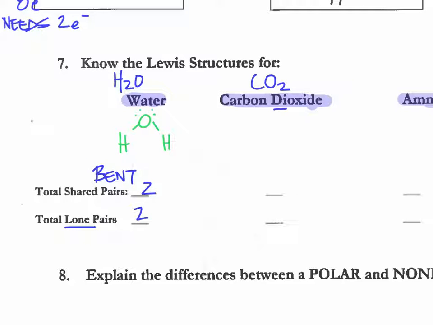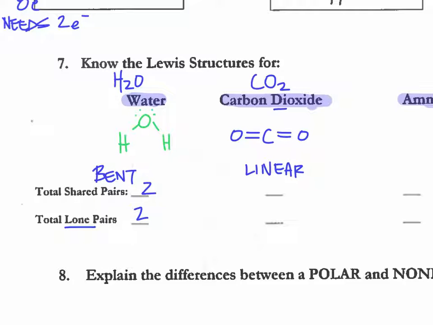However, between the oxygen and the hydrogen, I've got single bonds. In this molecule, I've got double bonds between the 2. Double bonds are stronger than single bonds. So the carbon is going to hold up those oxygens with its strong double bonds, forming a linear shape.